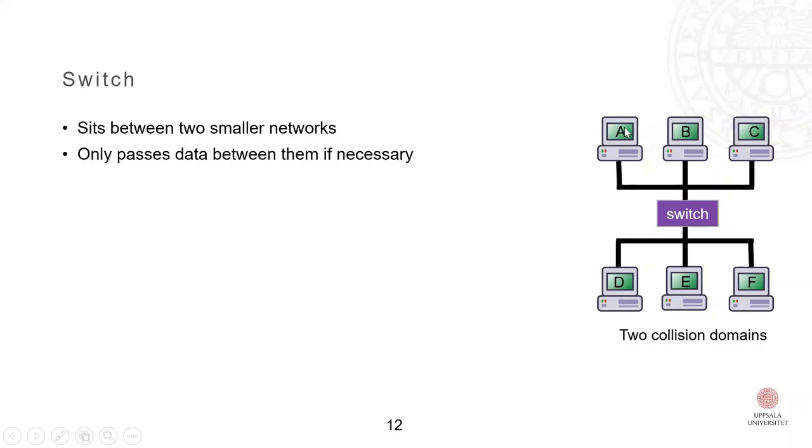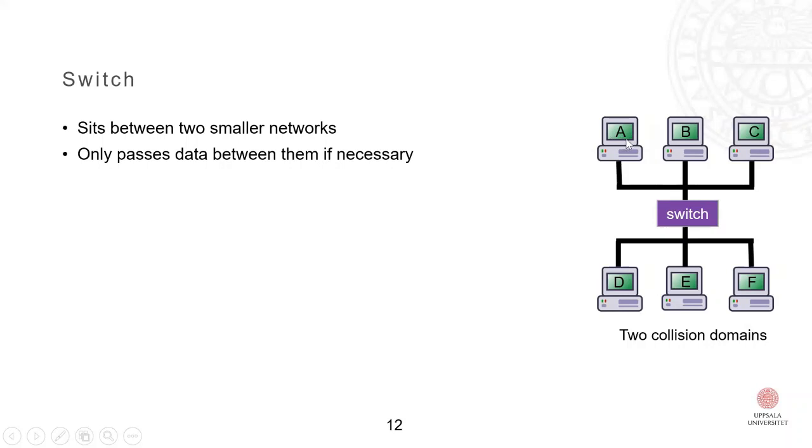For example, if A wants to send some data to C, then it doesn't need to go through the switch. So the other nodes at the other end of the switch will not see that data, and they can communicate with each other, and the rate of collisions will be much less than the previous case.